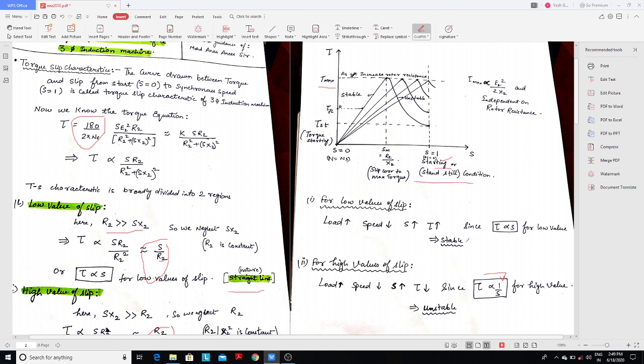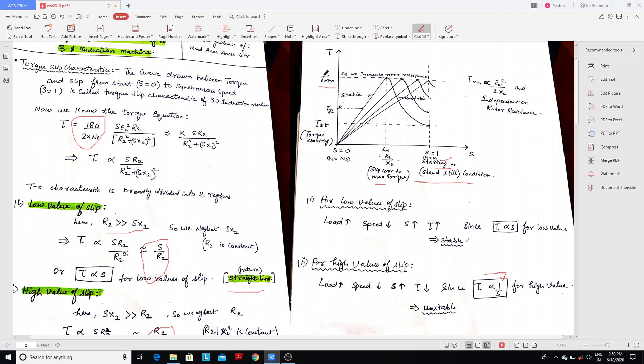Tau max is the maximum torque or pull out torque, achieved when the slip is maximum. For maximum torque, slip Sm equal to R2 upon X2, the slip corresponding to maximum torque. Here we observe that as we increase the rotor resistance, the first curve is for R1, the second curve is for R2, and so on.